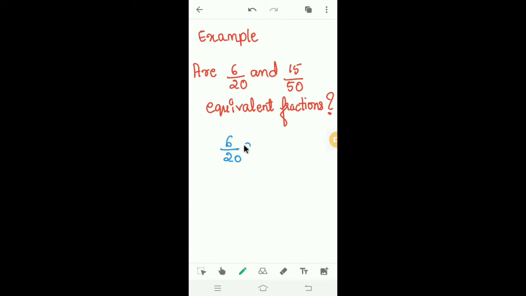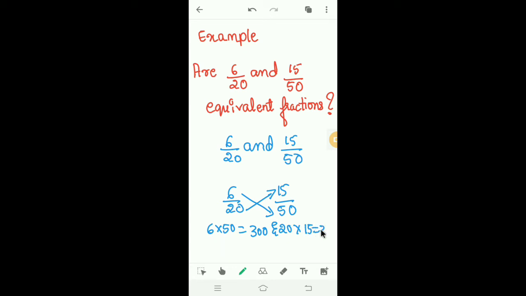Here we have to multiply the numerator of the first fraction by the denominator of the second fraction, and we have to multiply the denominator of the first fraction by the numerator of the second fraction. 6 into 50 is equal to 300 and 20 into 15 is equal to 300.